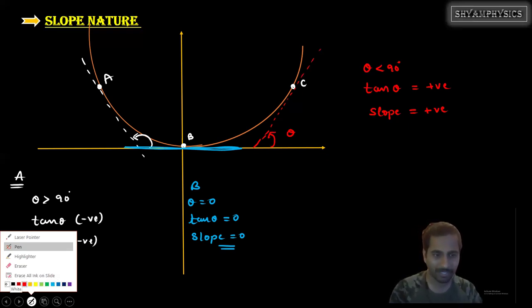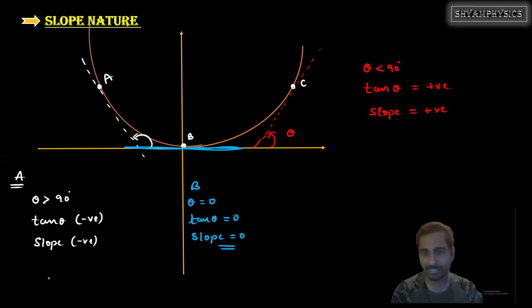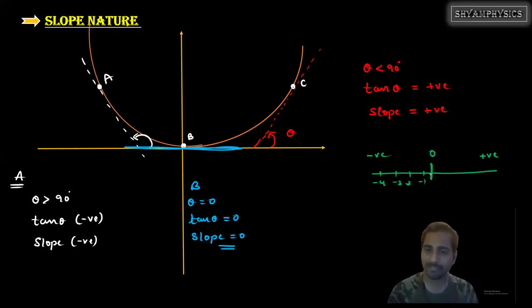If I want to write one scale, just listen. This is the scale I'm writing. This is the origin. This is 0. These are the minus, negative, and this is positive. This is -4, -3, -2, -1. After 0, then 1, 2, 3, 4, like this.